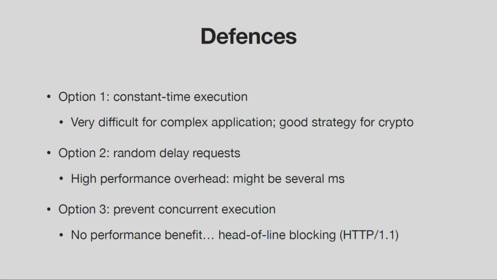And in HTTP2, you don't have this limitation anymore, and they can be executed in parallel. So if you disable this parallel execution, then you would lose the performance benefits from having HTTP2, which I think can be quite large.